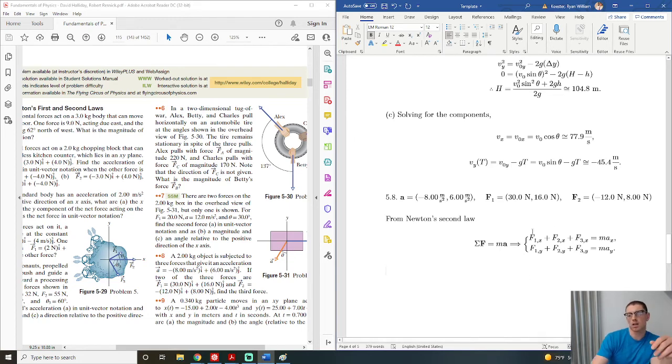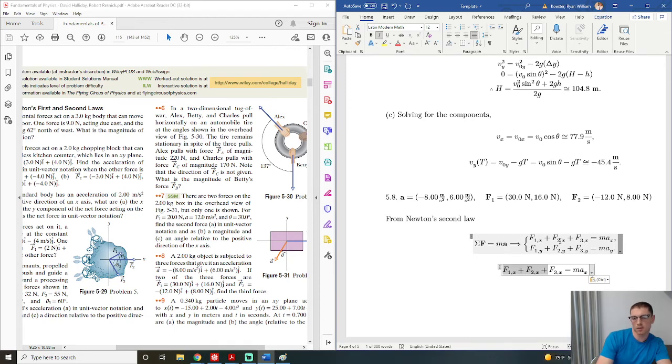We take this first equation here, and we just isolate the x component of F sub 3. So I just subtract F1x and F2x, right? It's just algebra.